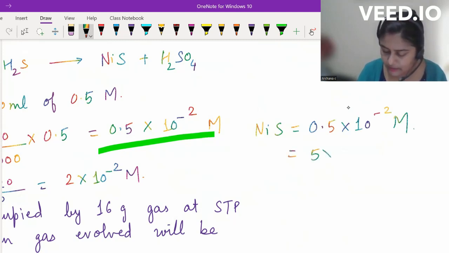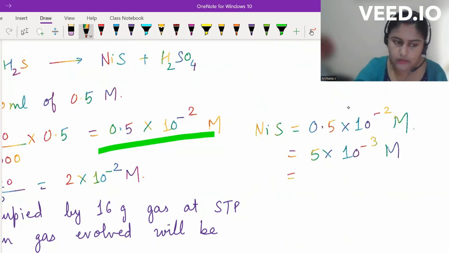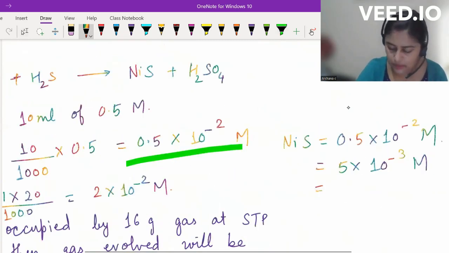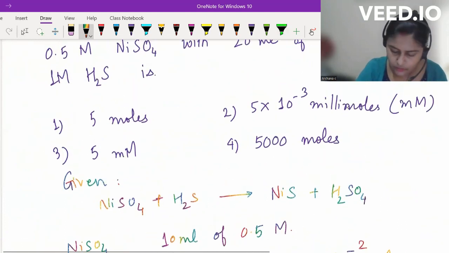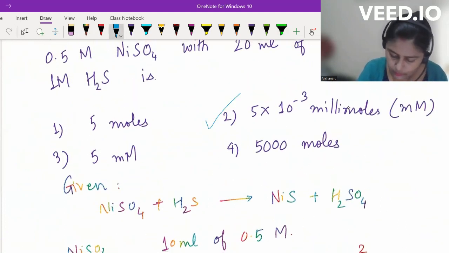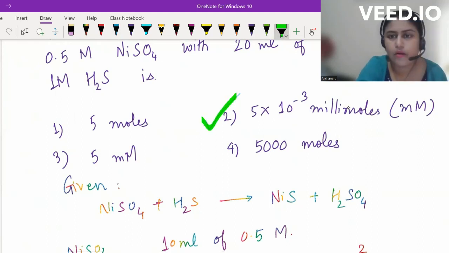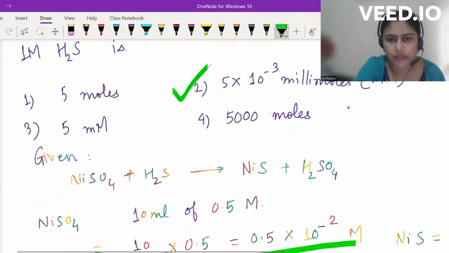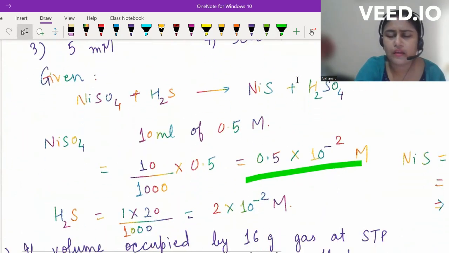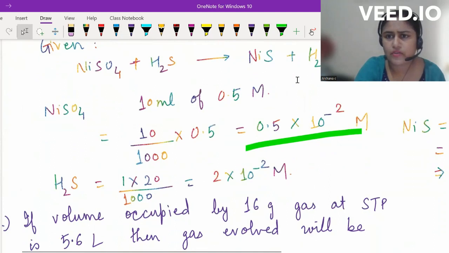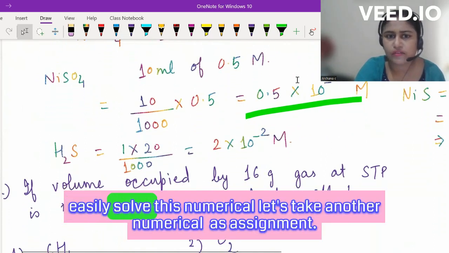So we can rewrite it as 5 into 10 to the power minus 3, which is nothing but my option 2. Option 2 of this numerical. So in this way, we can use the concept of limiting reagent and easily solve this numerical.